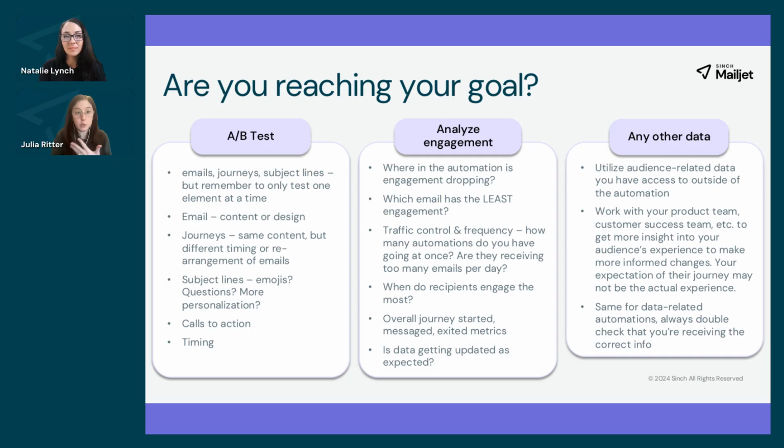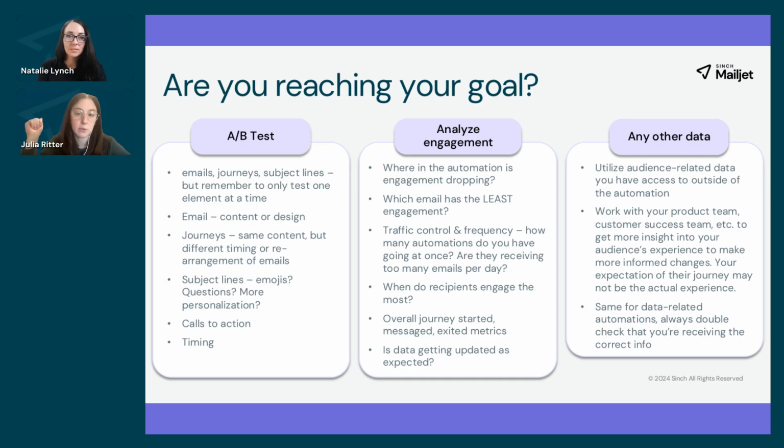What are they usually doing in the Mailjet platform? Maybe I'm not sending them the right information at that time. So you want to use the other teams around you to give feedback about your audience's experience with your platform, with your website. Use your resources to influence how your automation can be fixed and optimized for your audience.